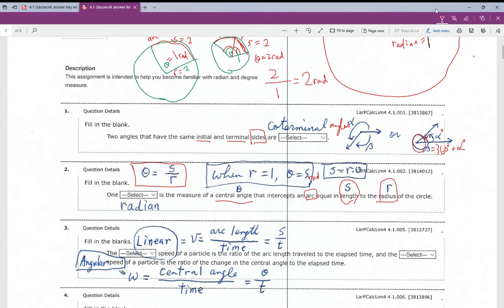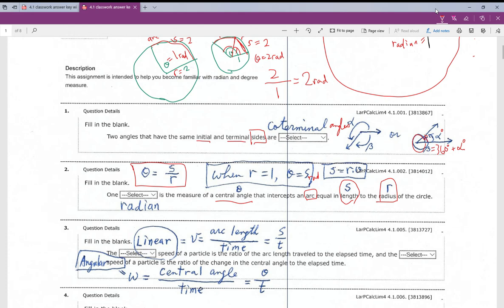Sometimes in the book they would like you to memorize S equals R times theta. Sometimes they ask you what's the angle, then you use the first formula. Sometimes they ask you, if my radius is 2 and my angle is 1 radian, how do you measure the length of the arc, then you use this formula.